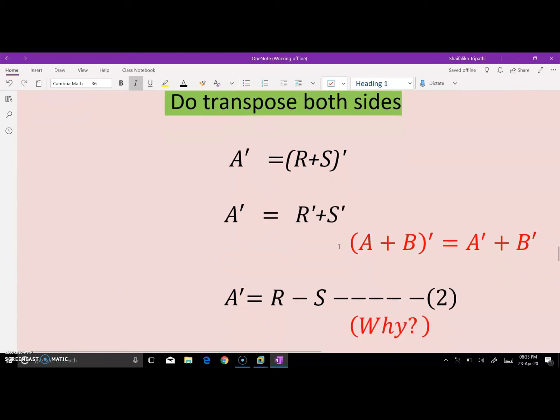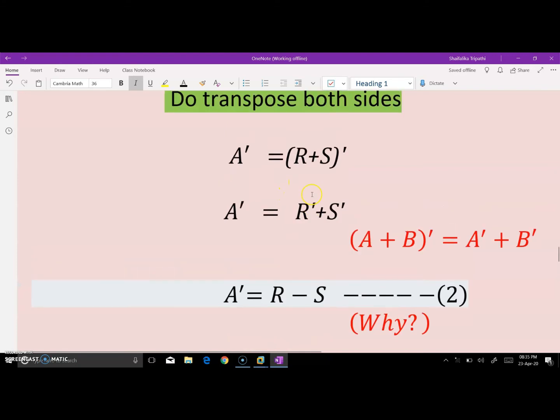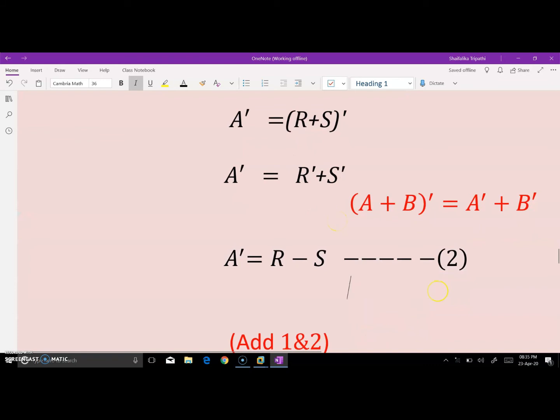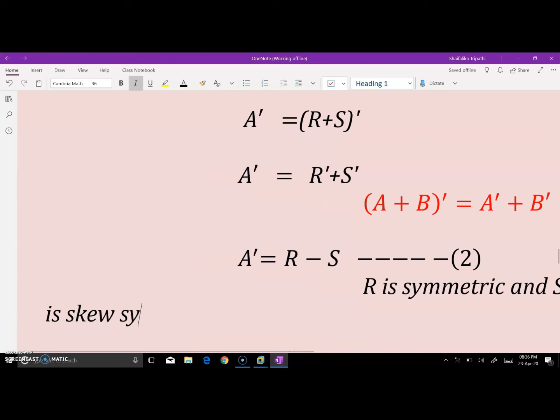All right students, now you can see the next step. I am writing it again for you: R transpose will become R, but S transpose will become minus S. Are you getting this step or not? Why? Because we have let R be a symmetric matrix and S a skew symmetric matrix.